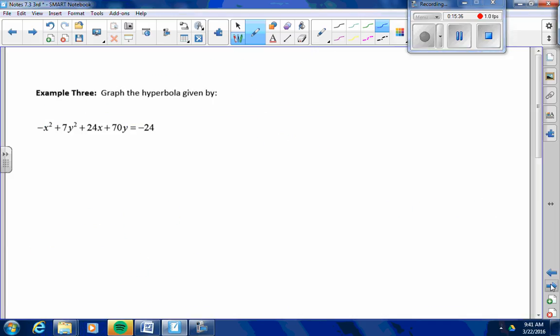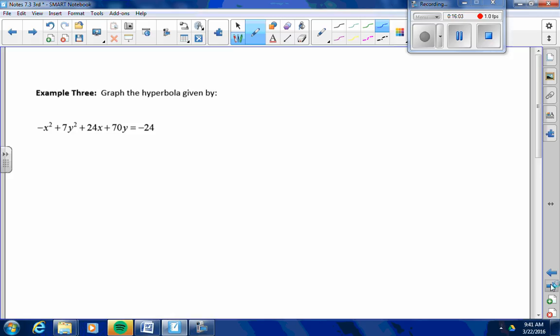On example 3, we're going to graph the hyperbola given by the following equation. Negative x squared plus 7y squared plus 24x plus 70y equals negative 24. Well, one main difference between an ellipse and a hyperbola is in the ellipse, we're adding the two values together.